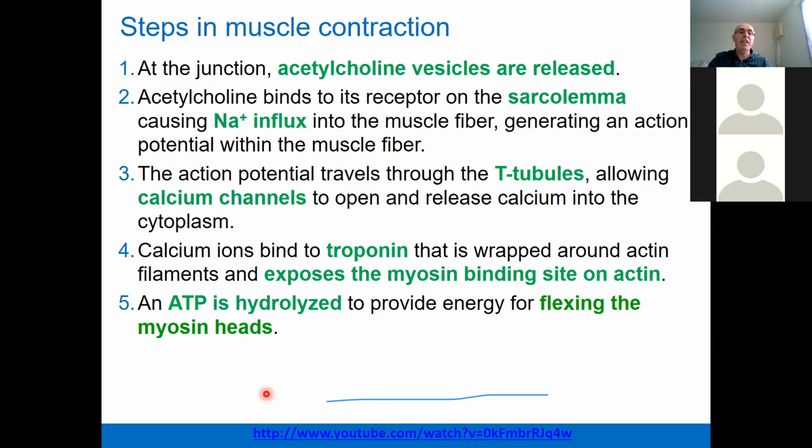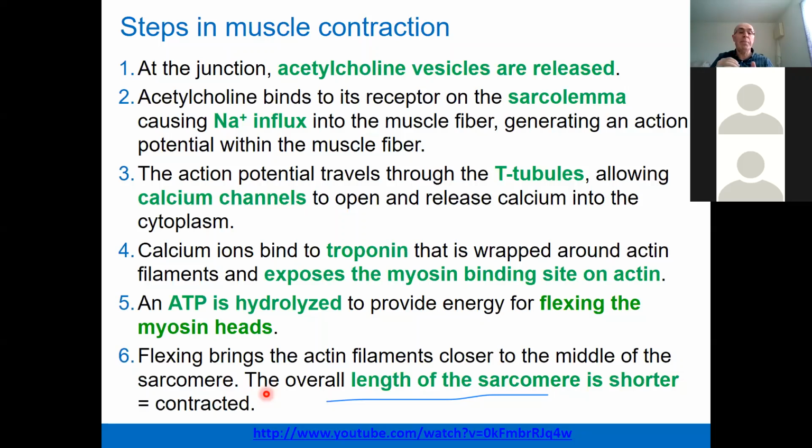ATP is hydrolyzed to provide energy for flexing the myosin head. Flexing brings the actin filaments closer to the middle of the sarcomere, so the overall length of the sarcomere is shortened, and contraction occurs. These are the steps of muscle contraction, step by step.